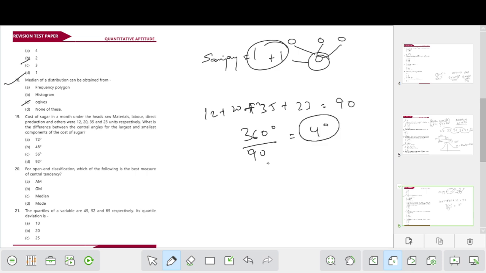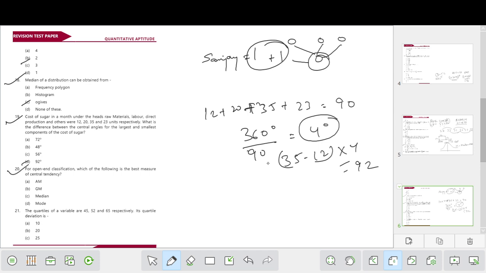So for each unit there is 4 degrees. Now the difference of smallest and largest, that is 35 minus 12 into 4. So 35 minus 12 is 23 into 4 is 92. So D is the option.